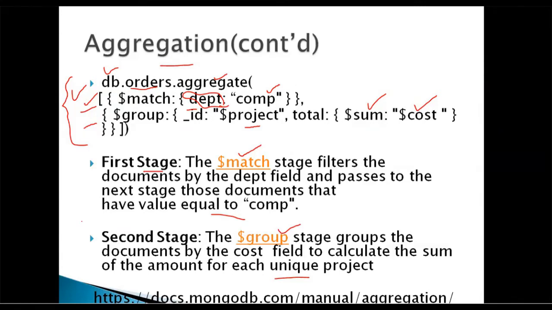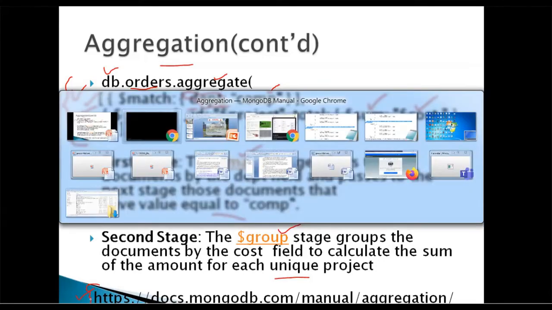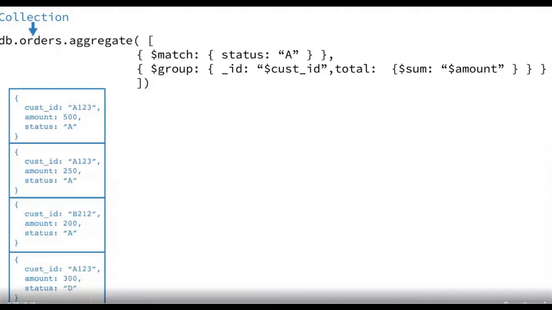Now let's see one video which is available on this particular site. You can note this site. I'm going to play that video to give you an illustration of how this aggregation works. This aggregate matches on status A, groups by customer ID, and finds the sum of amount.